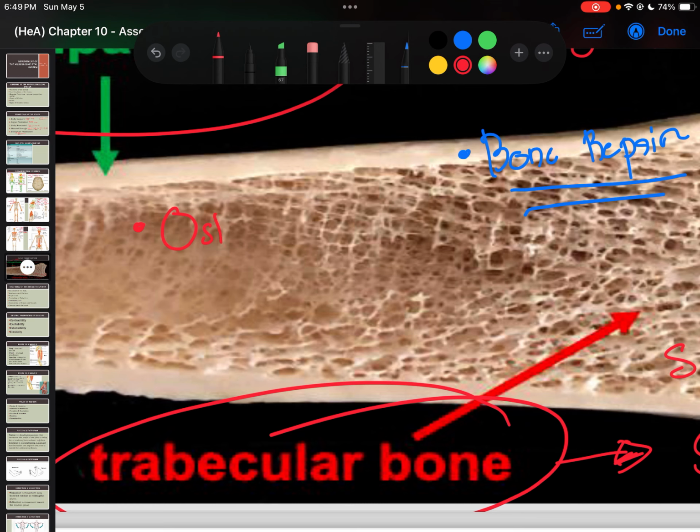First is our osteoblast. And next is our osteoclast. Osteoblasts, class, are the ones that create new bone, whereas osteoclasts are the ones that destroy old bone.